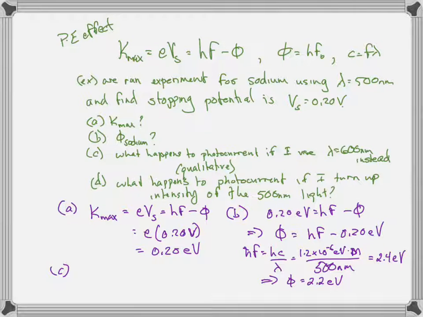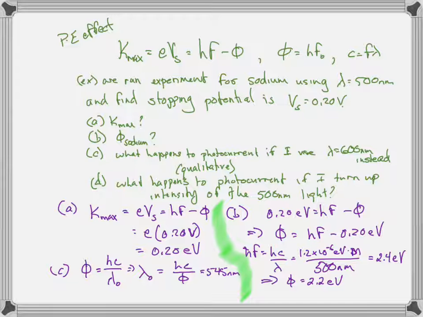The threshold wavelength is hc over lambda 0, and so we can solve for lambda 0, and we find the cutoff wavelength is 545 nanometers. So if I go up in wavelength any more than that, there is no photocurrent. So the answer to part C is the photocurrent turns off.